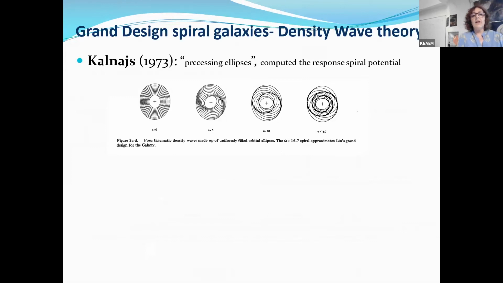Then came Kalnajs in 1973, who popularized the precessing ellipses, the organized orbits that can form and give, for the first time, this nice figure of a spiral density wave. And he even computed the response spiral potential out of this shape.